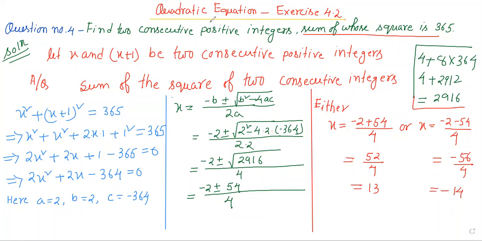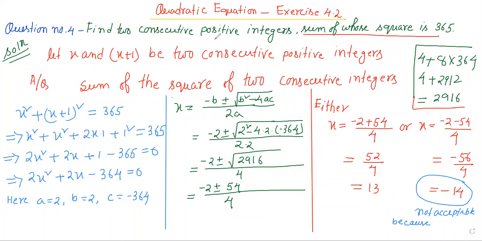Now this value of x is not acceptable. Okay, why? Because this minus will not be acceptable.